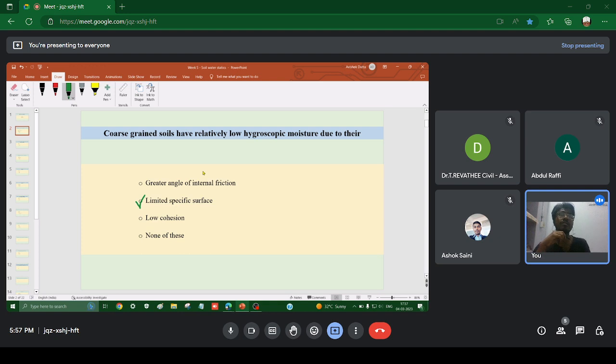Obviously, coarse grained soils have larger grain size, so fine grained soil has high hygroscopic moisture content, but coarse grained soil has low hygroscopic moisture content, due to their limited specific surface. Okay, clear?